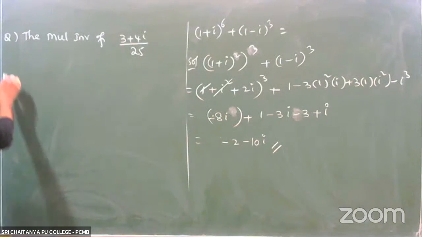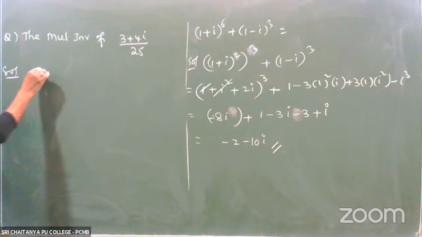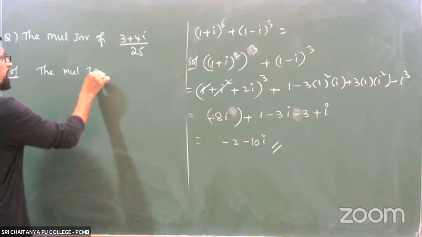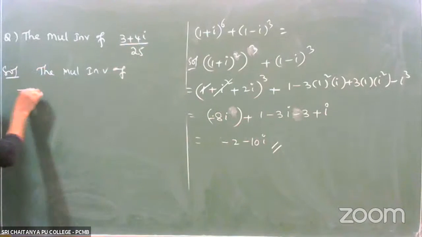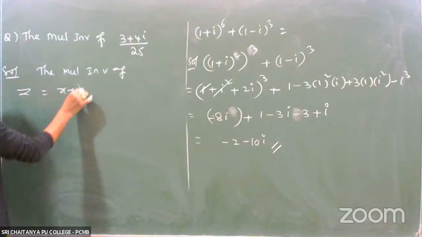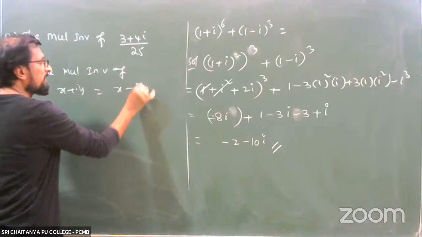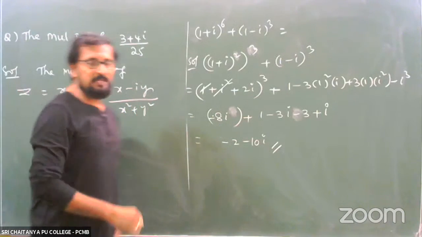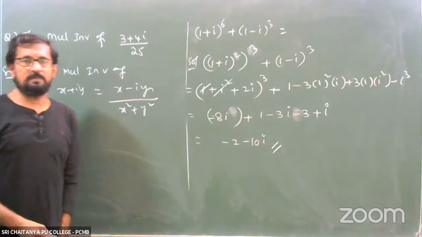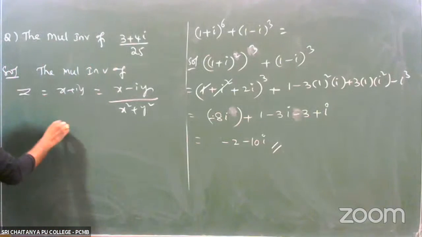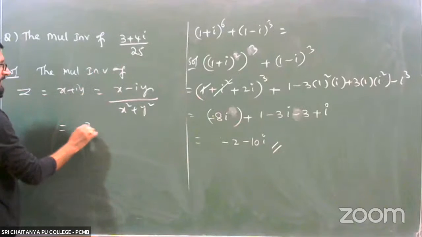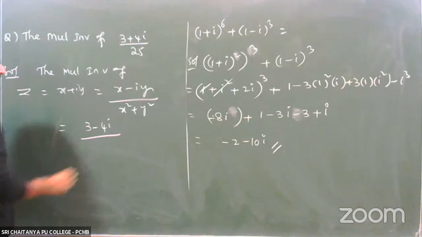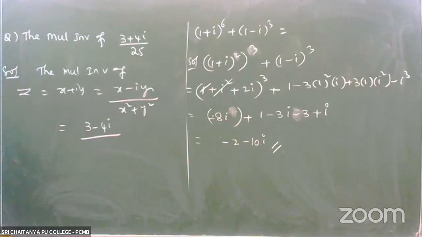First of all, let me write the formula for it. The multiplicative inverse of z equal to x plus iy is x minus iy by x square plus y square. What is x minus iy? 3 minus 4i by, okay, otherwise better to do it like this.